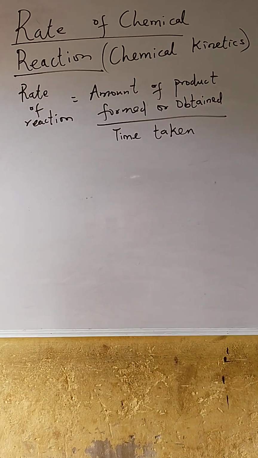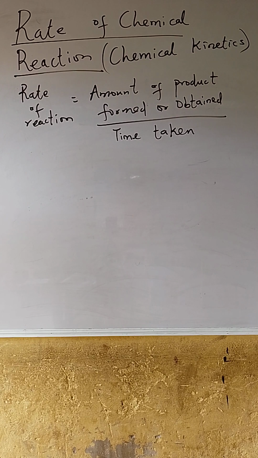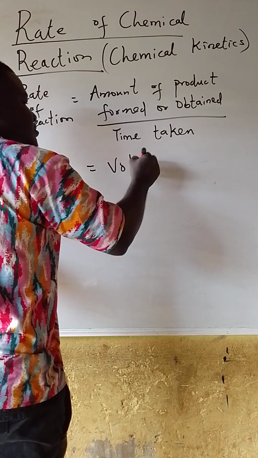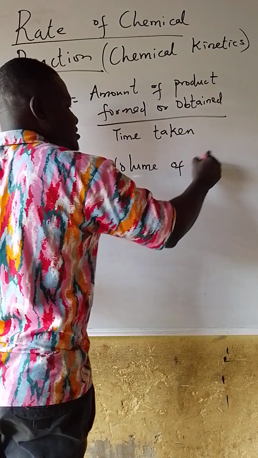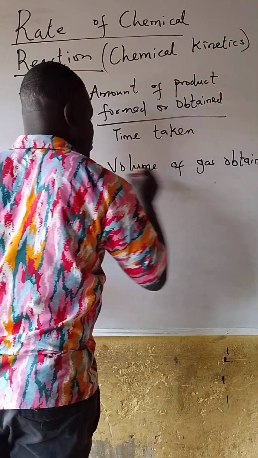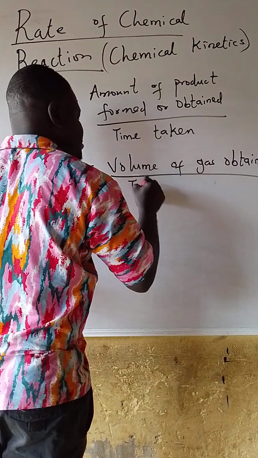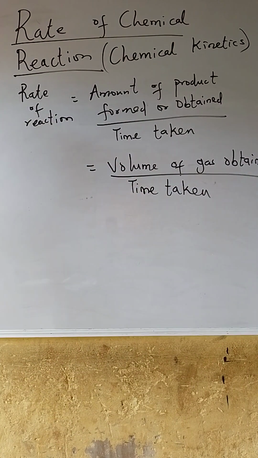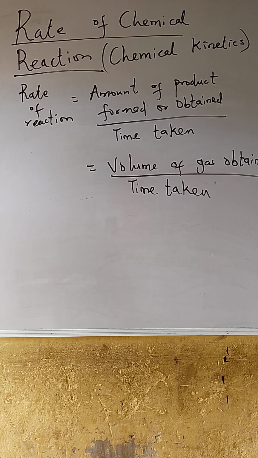The amount of the product formed or obtained over time taken. It can also be defined as the volume of gas obtained over the time taken too, the volume of gas obtained or produced over the time taken.